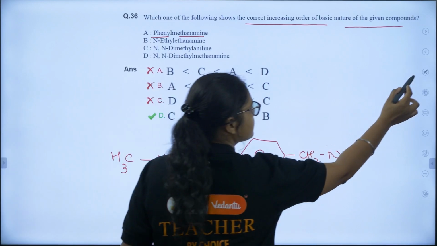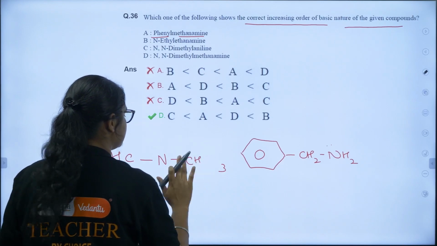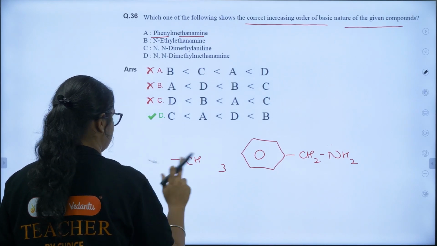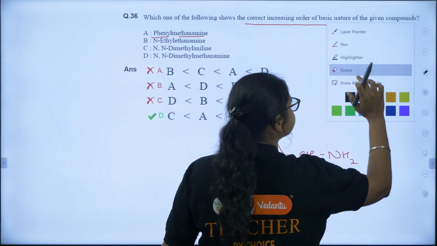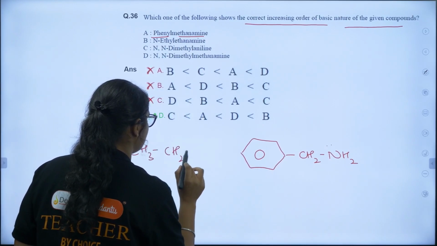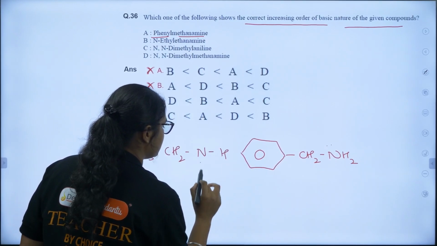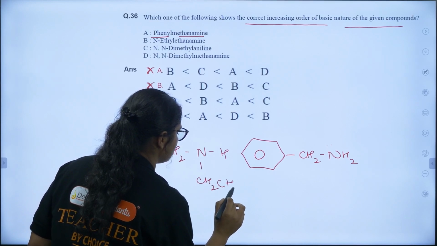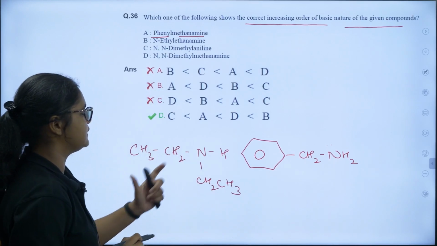one second, sorry, let us draw the structure first correctly. First of all, it is ethanamine, right? So CH3, CH2, NH2, out of that one H is replaced, so that is N-ethyl ethanamine.